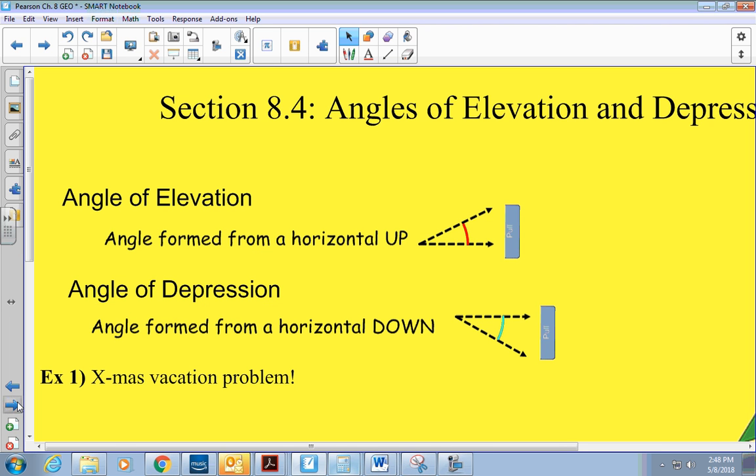So angle of elevation is the angle formed from a horizontal up. And the angle of depression is the angle formed from a horizontal down. Okay, and you guys definitely want to draw the picture.